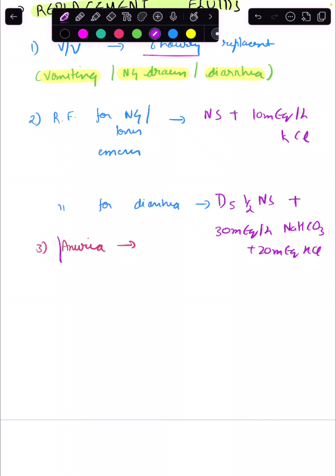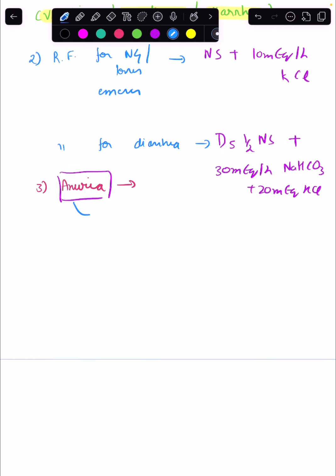Now if the child is anuric, then we cannot calculate the maintenance fluid via Holliday-Segar formula, as the measurable losses are not there, the child is not passing urine. So in those cases we only need to replace the insensible losses, which are 25 to 40% of maintenance fluid, which we calculate via Holliday-Segar formula.